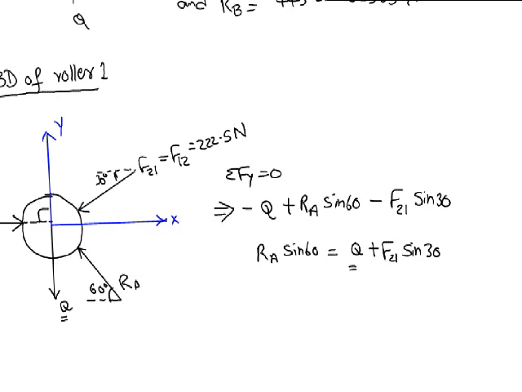We know the value of Q, which is 445. We know the value of F21, that is 222.5 newtons, from which you can compute the value of RA to be 642.3 newtons. Okay, this is the second part of the answer that we need.